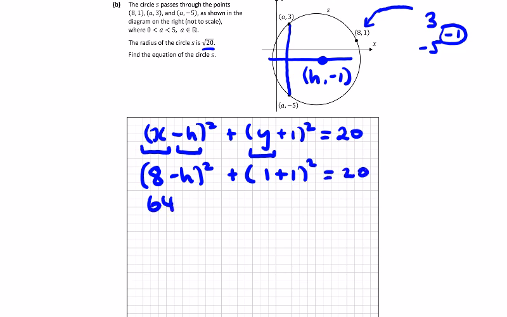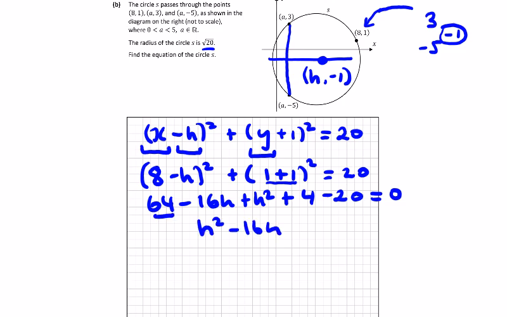So multiplying it out, 64 minus 16h plus h squared plus 4, this guy's going to be 2 squared, minus 20 is equal to 0. So we're going to get h squared minus 16h plus 48 is equal to 0.